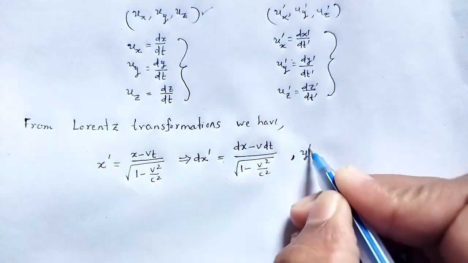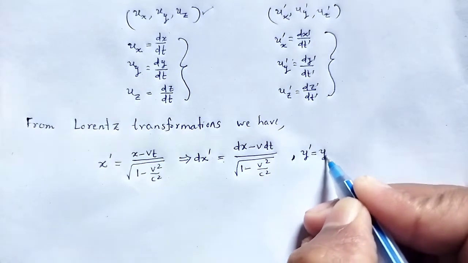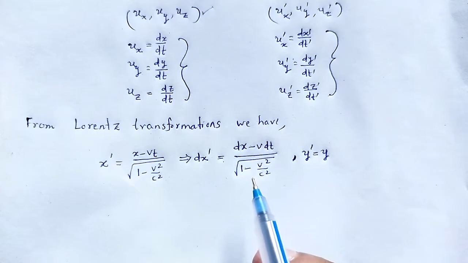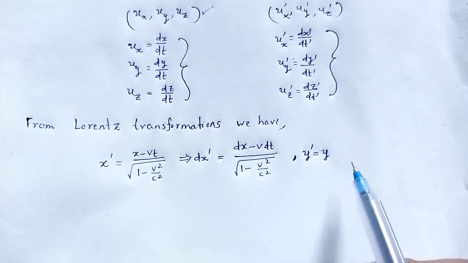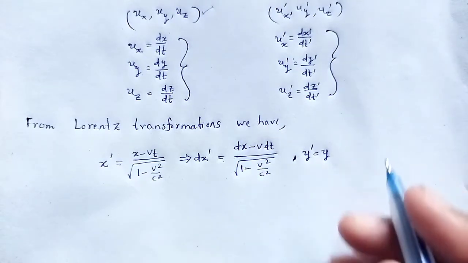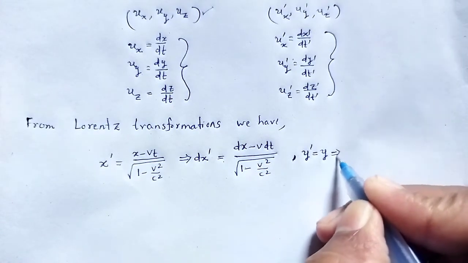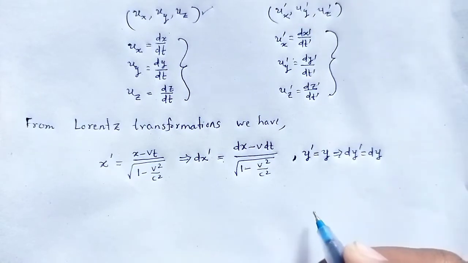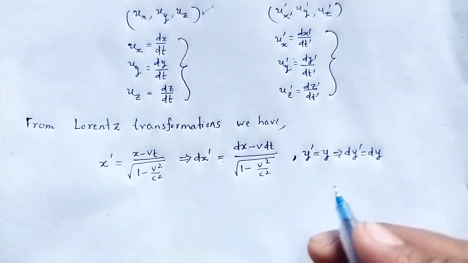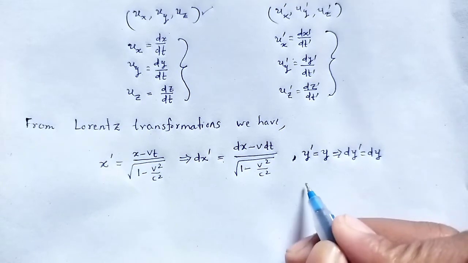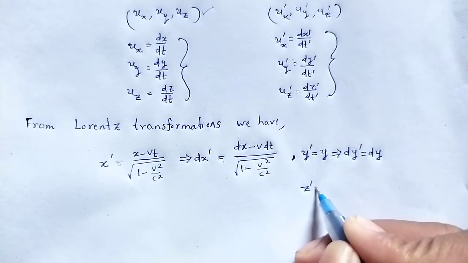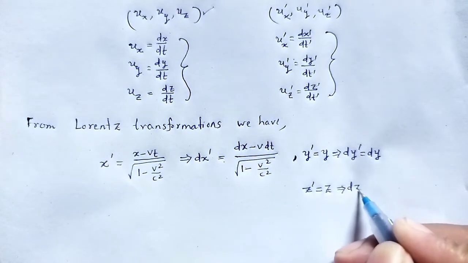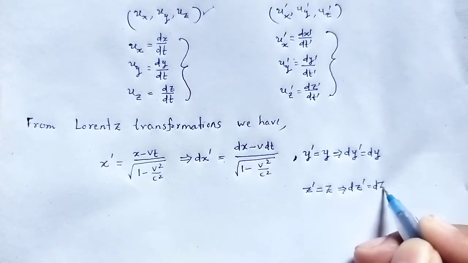Again, y dash is equal to y. Since the S dash frame moves along the x direction, the other positions are the same, that is y dash is equal to y, which implies dy dash is equal to dy. Then z dash is equal to z, therefore dz dash is equal to dz.